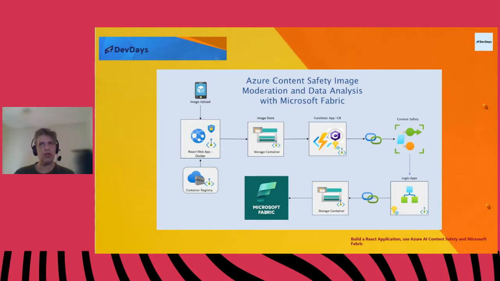Should it be something that is not of the categories that content safety checks, it will be approved. So this metadata, along with some user metadata that you're going to see, we're saving as a CSV file with the help of Logic Apps, and then Microsoft Fabric helps us analyze what's going on with this data.